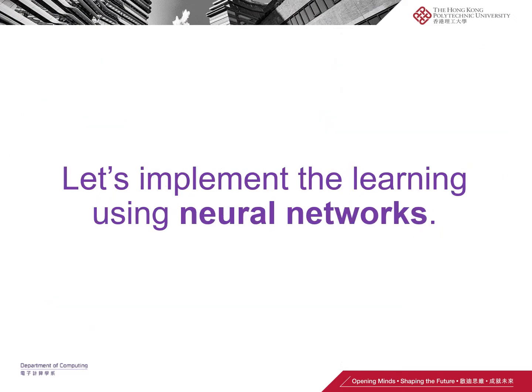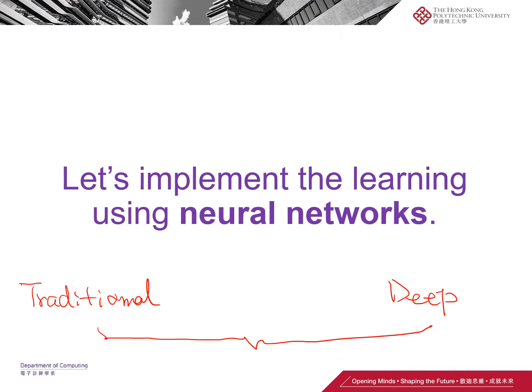What we have introduced so far actually holds for both traditional machine learning and deep learning as well. So that's the reason we're picking it up for today. We hope that can help you to transfer your understanding from traditional machine learning to deep learning.